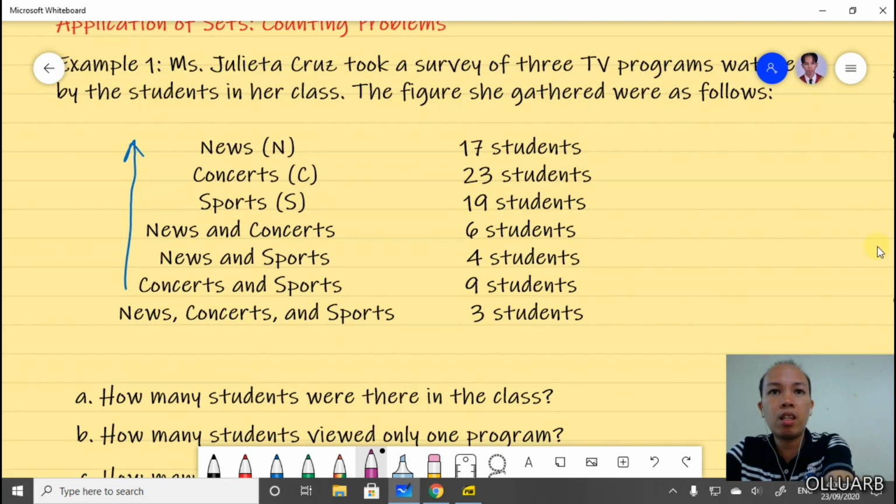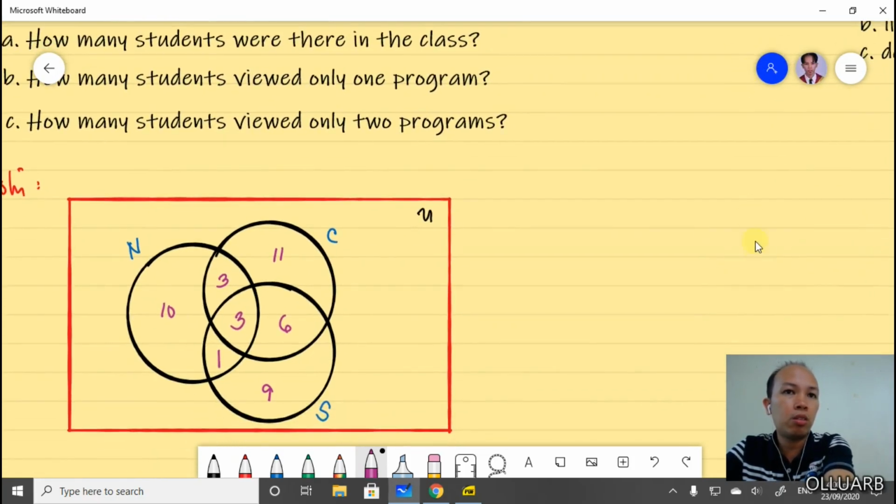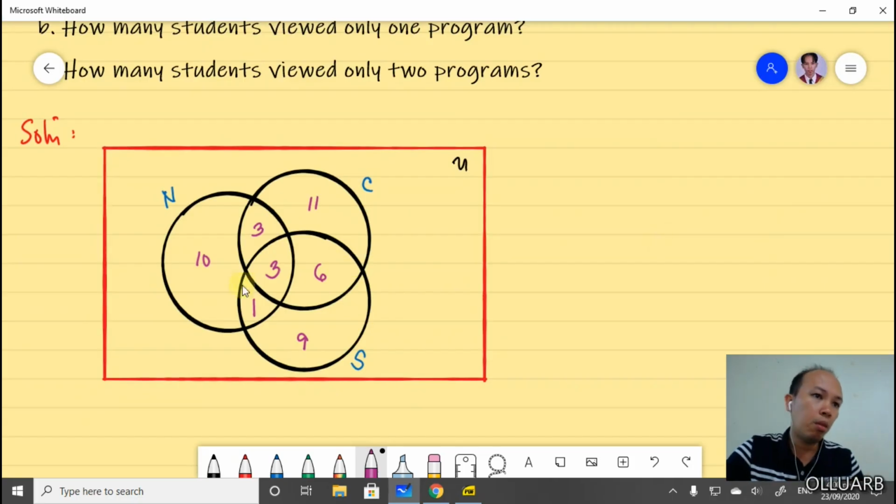If that's the case, what you will do here is you add all the numbers here, and then for example, if you have in the question 150 students in the class of Miss Julieta, then 150 minus these numbers. Okay, and then you put it outside.